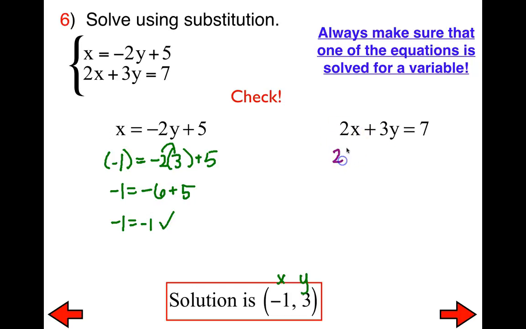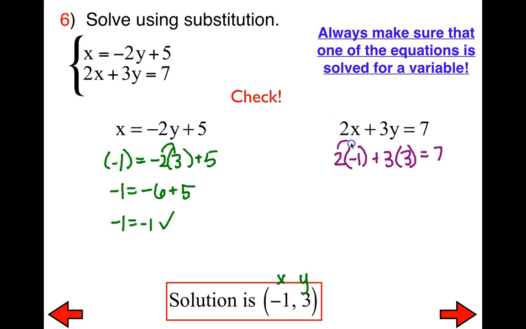Here we have 2 times x. Oops, I made a mistake, so let's fix that. It's actually 2 times x, where x is negative 1, plus 3 times y, which is 3, and that's supposed to equal 7.